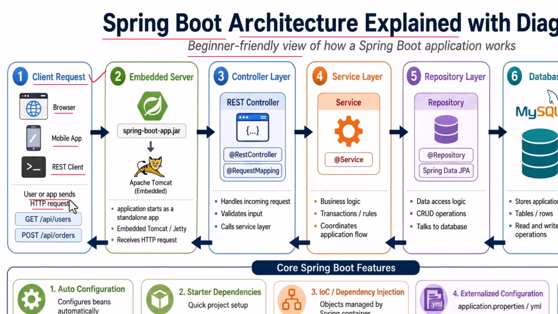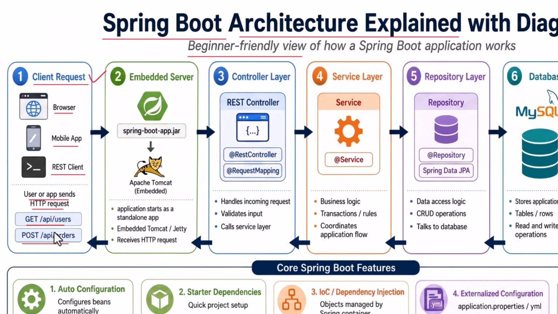For example, the client may send a GET request to /api/users. This request may ask the application to return a list of users. The client may also send a POST request to /api/orders. This request may ask the application to create a new order. An HTTP request normally contains several pieces of information.